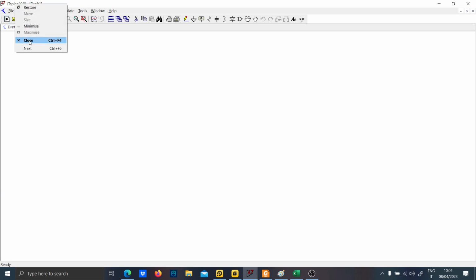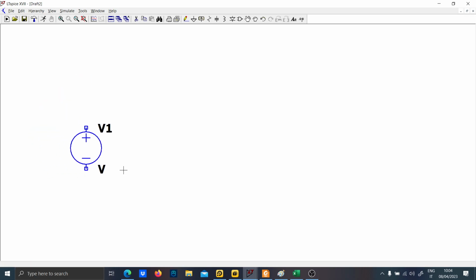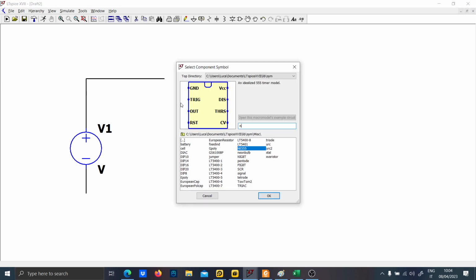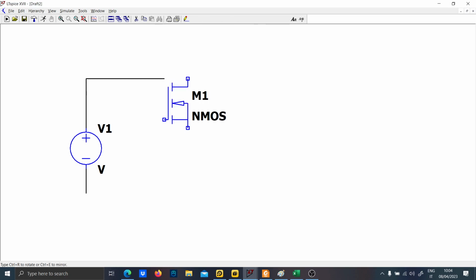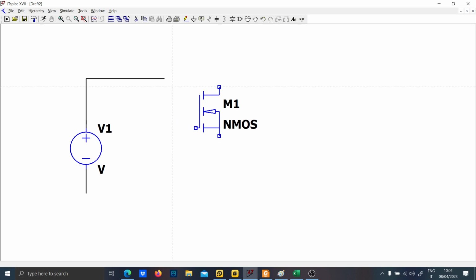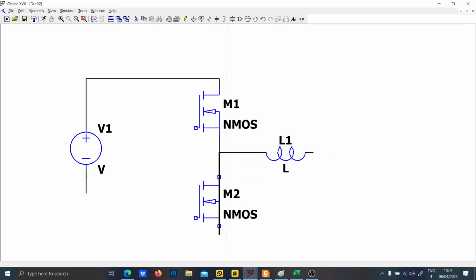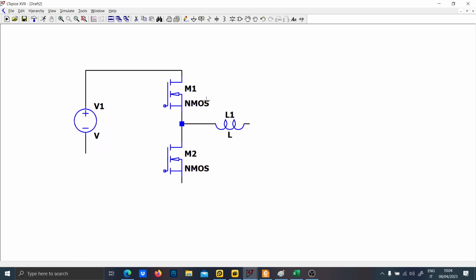So before simulating the type-3 compensator, let's start from a buck converter. I will do it very fast because if you already watched my video, you can find tons of videos on how to design a buck converter. Just put 2 MOSFETs here.